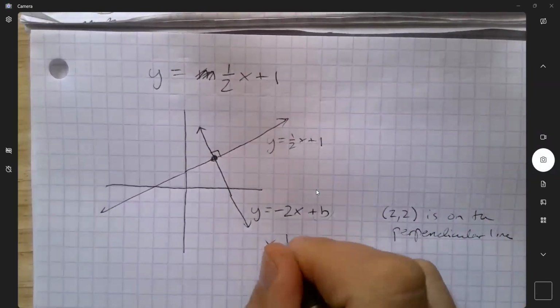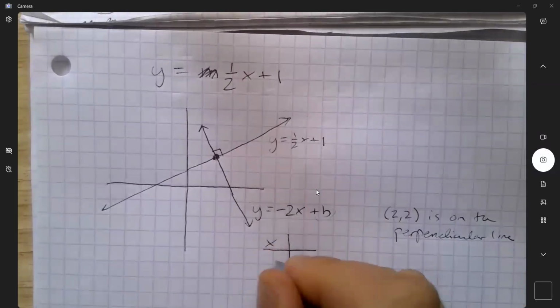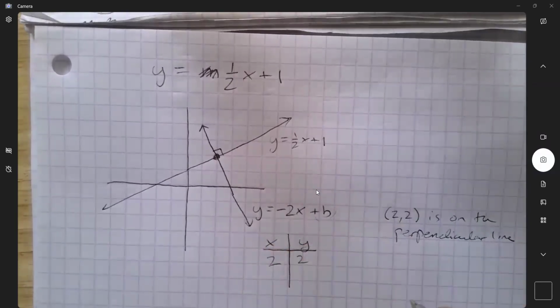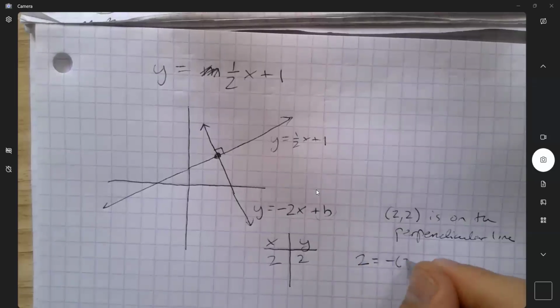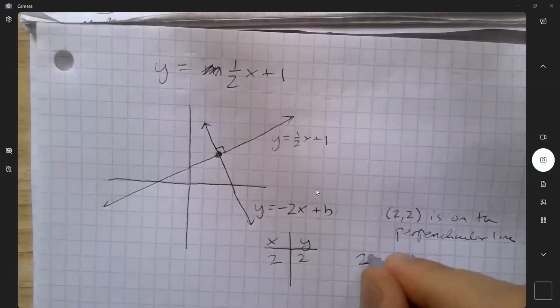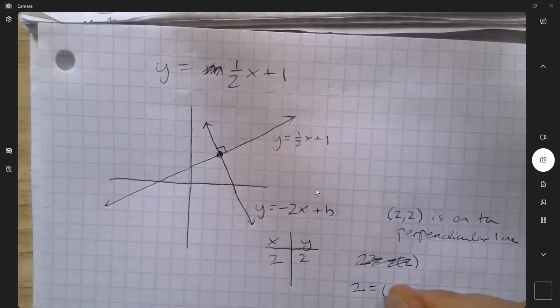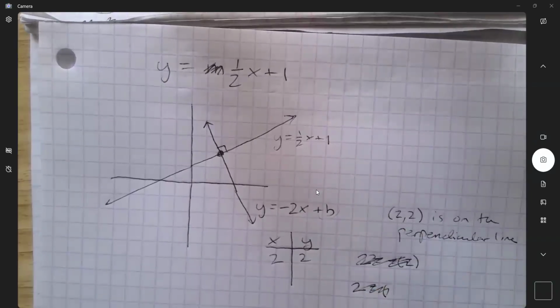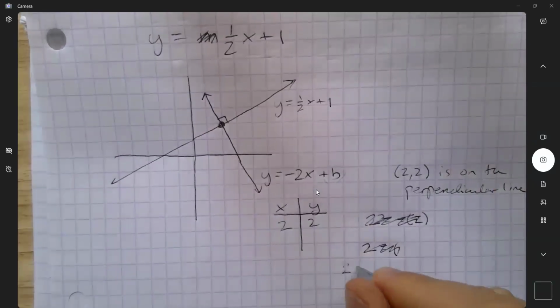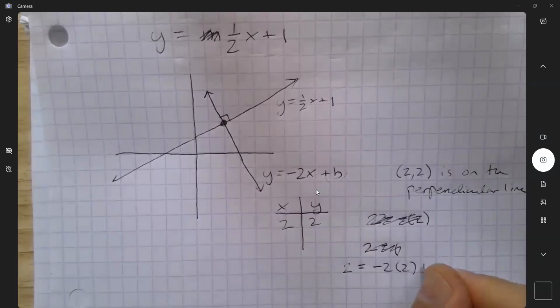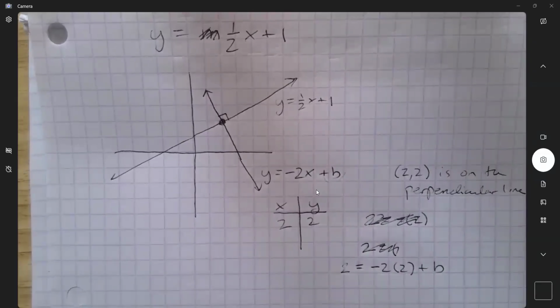So I build my little table, 2, 2, and I know that y equals 2 when x equals 2, and I add that y-intercept.